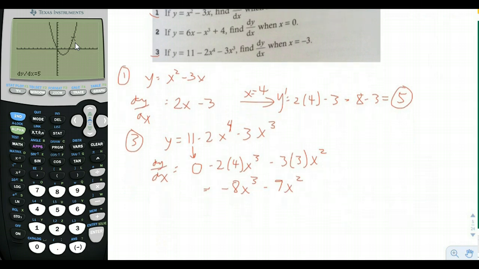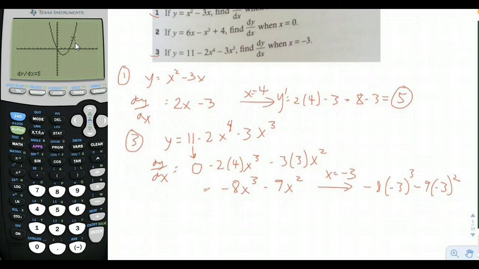Okay, and then they say when x equals negative 3, so we just substitute negative 3 in there. We have negative 8 times negative 3 cubed minus 9 times negative 3 squared. So negative 3 cubed is negative 27 times negative 8 and minus 9.